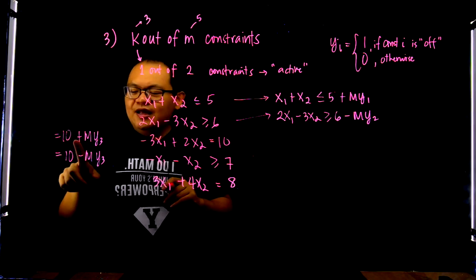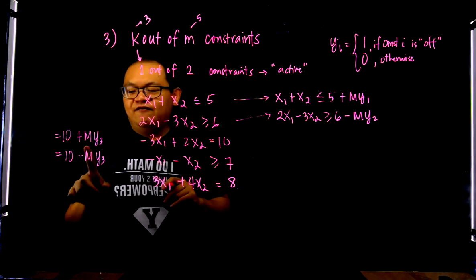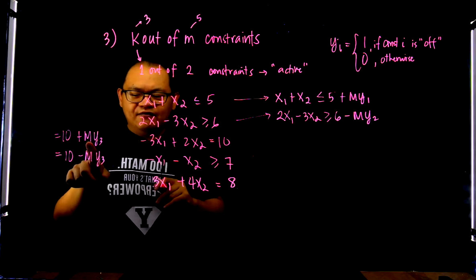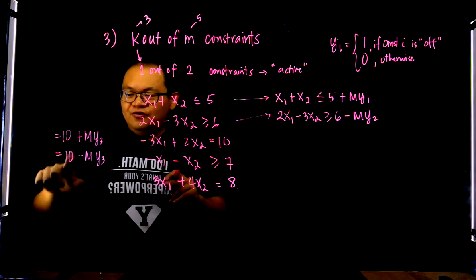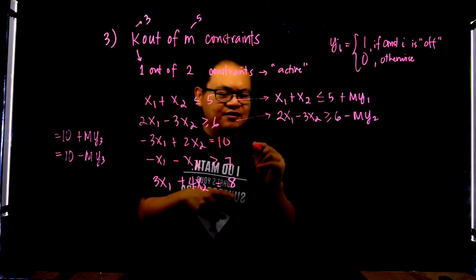In the same way, that will happen also if you're subtracting a very big number. So technically, you don't add or subtract a very big number to turn off your equality constraint. So how do we turn off an equality constraint?